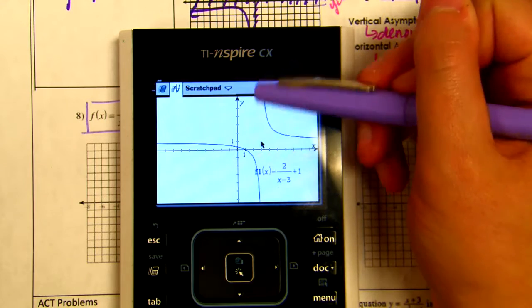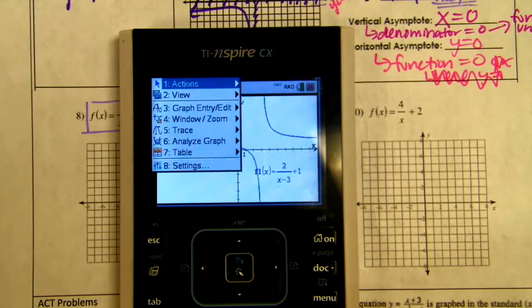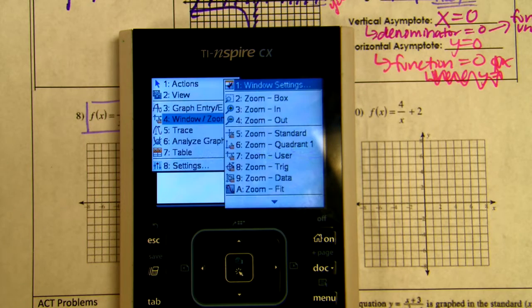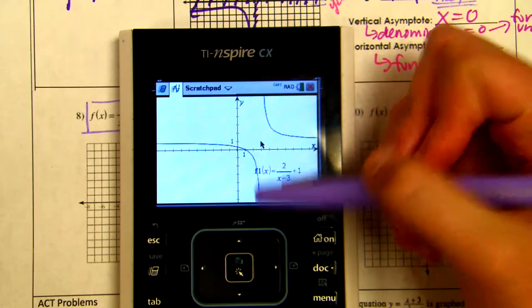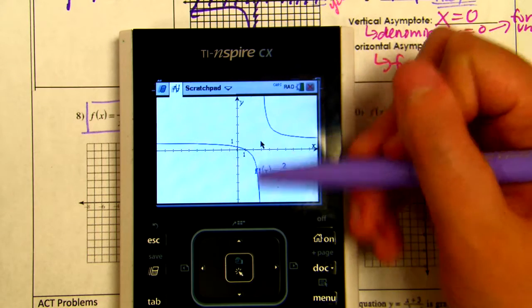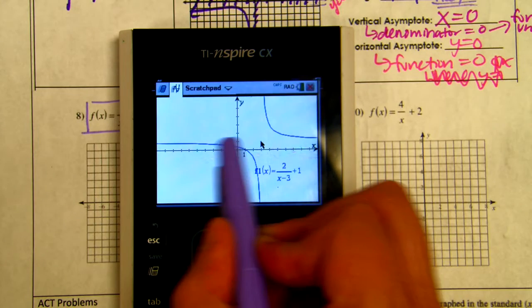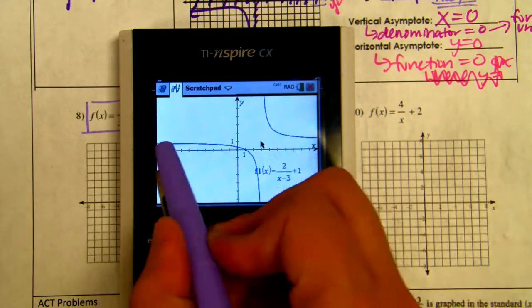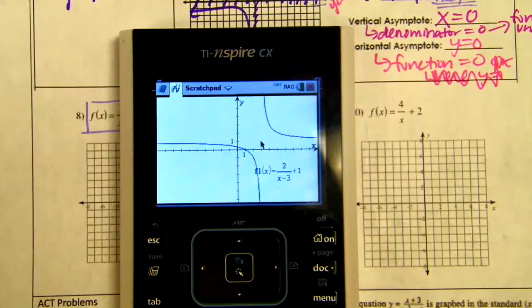So kind of looking and eyeballing it, we can see that this starts to dip. I'm also going to set my window to the standard. We can see that this starts to dip at around x equals 1, 2, 3. And looking here, we see that at the line y equals 1, our line starts to flatten out.